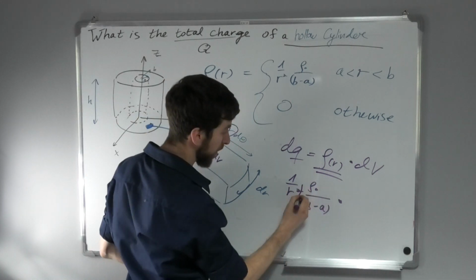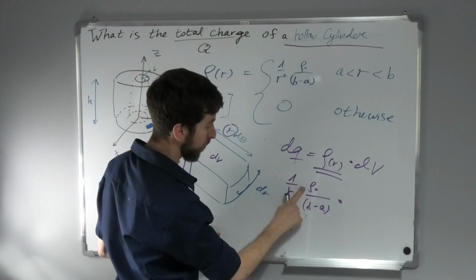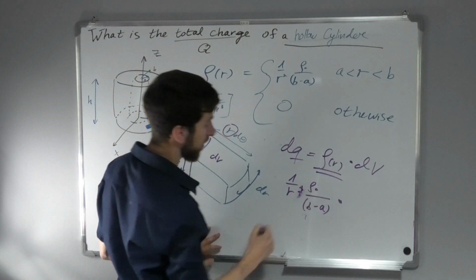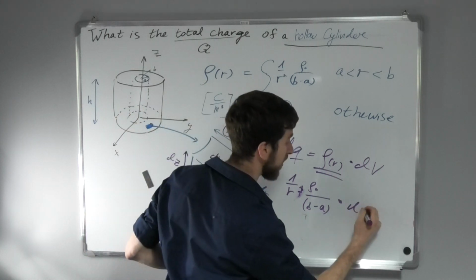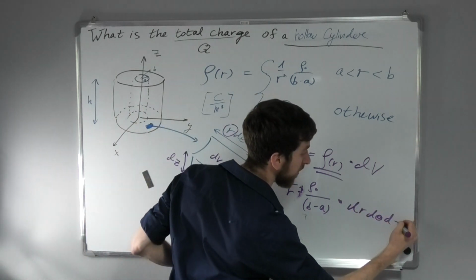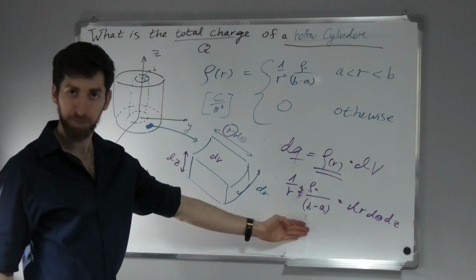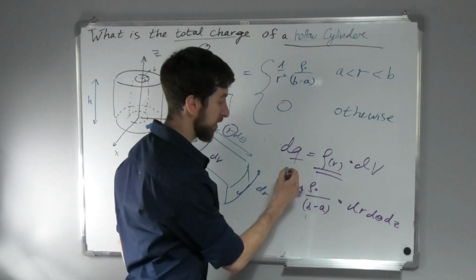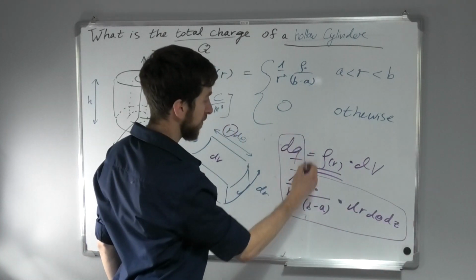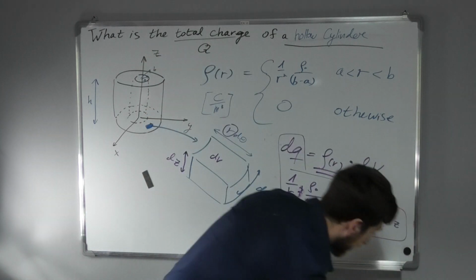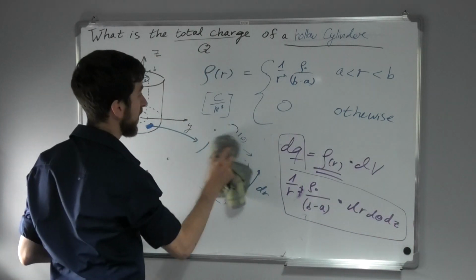So I can get rid of these two. Let's get rid of these two and just write the r, the theta, the z. That's all, okay? So we got this one. This is our dq. Here it is, our dq. And let's get rid of this.